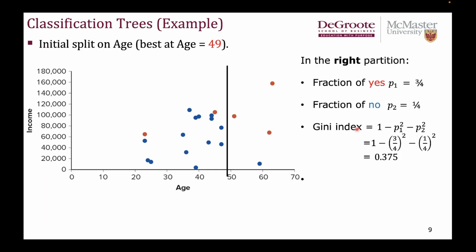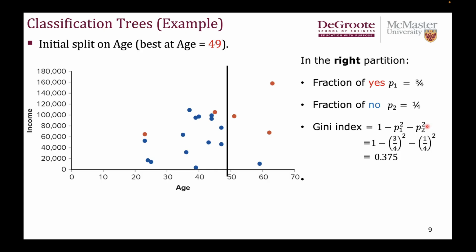Now the Gini index says that I can apply the formula, which is 1 minus the fraction of one label squared, and then further minus the square of the fraction of the other label.